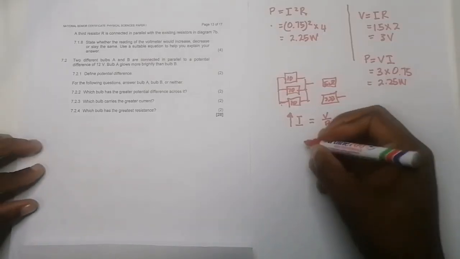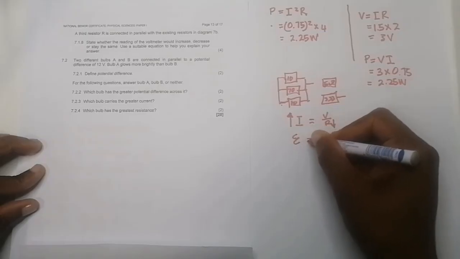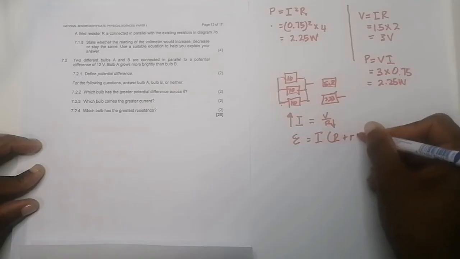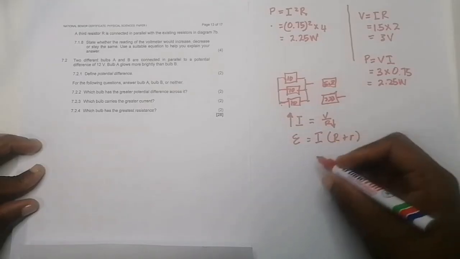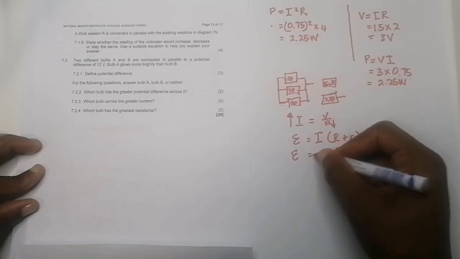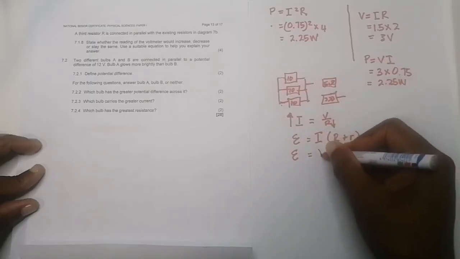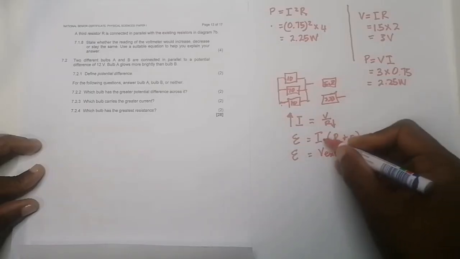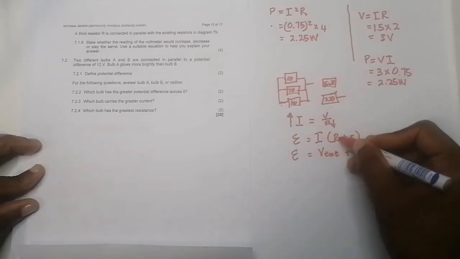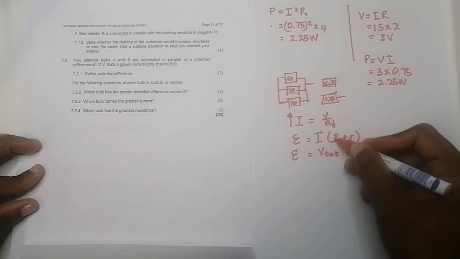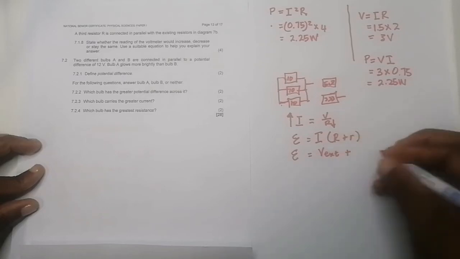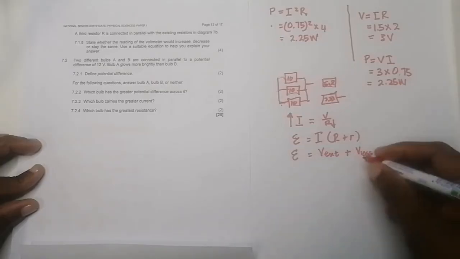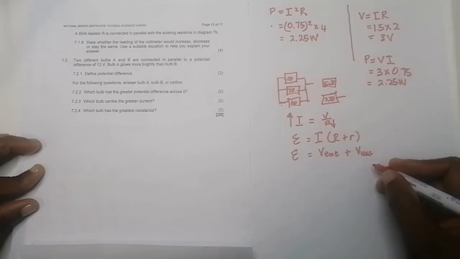Now let's say E is equal to I into R plus small r, but let me put this equation in a different way. So E, the EMF, is equal to V external plus, if you say I times R, remember that's total current times the effective resistance, that would give you V external. But this one would also give you V loss, so you can call it V internal, right?